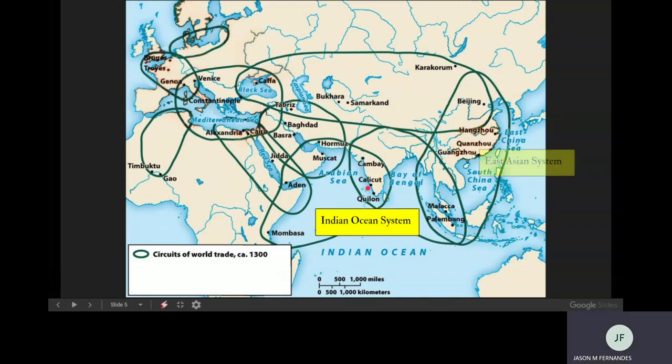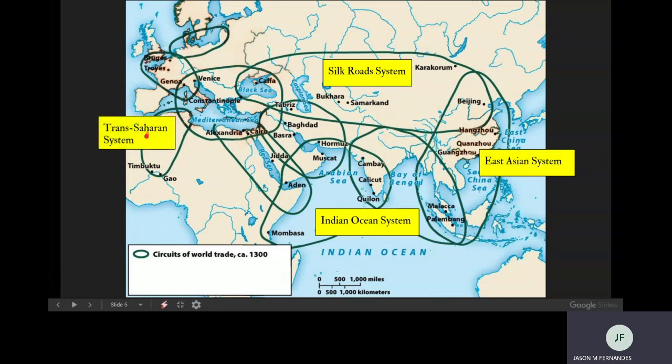Right? However, there are other systems that we looked at in the class too. We'll talk about the East Asian system today, centered around China. The Silk Road system in Central Asia, connecting East Asia, Central Asia, and Southwest Asia, or what we typically call the Middle East, and even Eastern Europe, right? This long overland route.